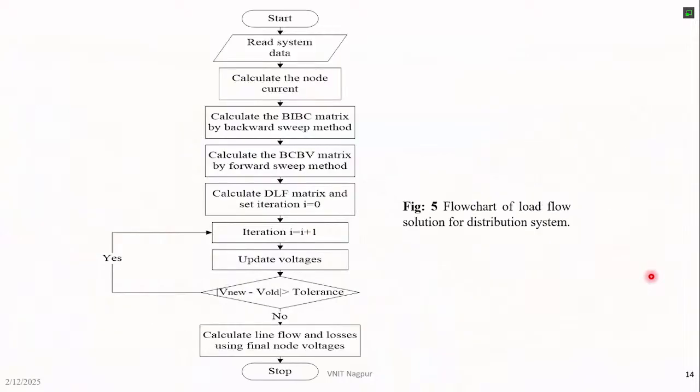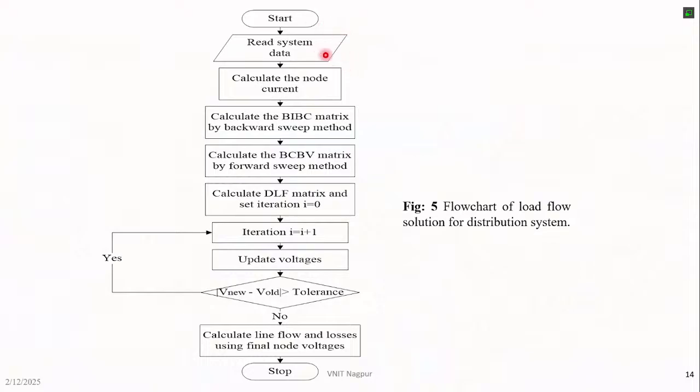This is a general flow chart. This may help us while framing a code for this matrix in the second half. Here we start with, as we already discussed, the system data.